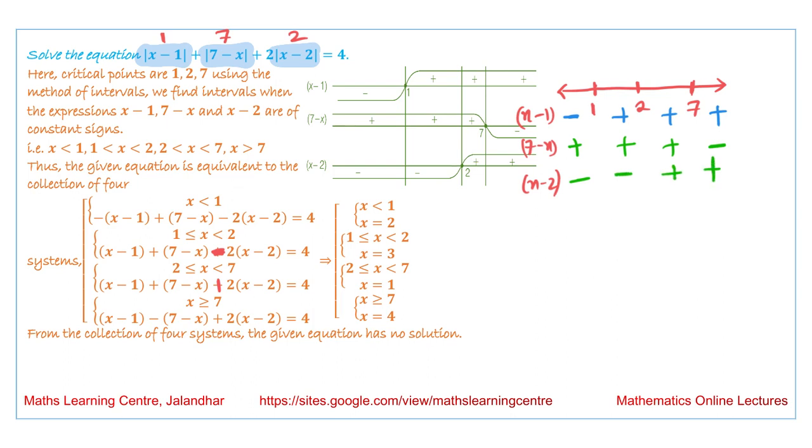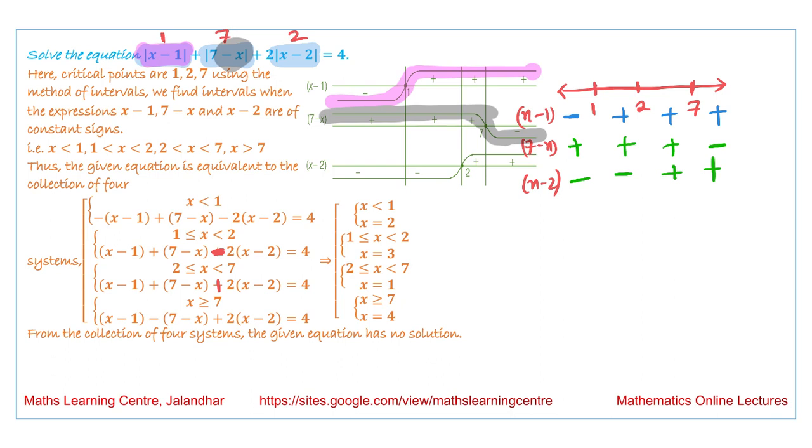How are we drawing these lines? For x minus 1, the coefficient of x is positive, so we start with a positive value, move up to 1, and at 1 it crosses the number line and becomes negative. For 7, the coefficient of x is negative, so we start from the negative side, and when it reaches 7 it changes sign.